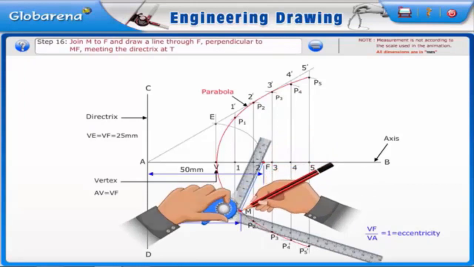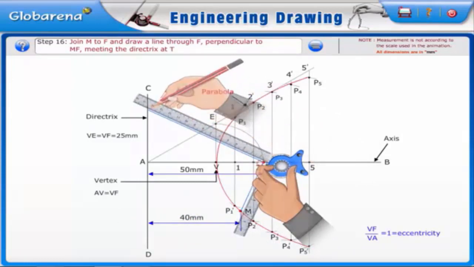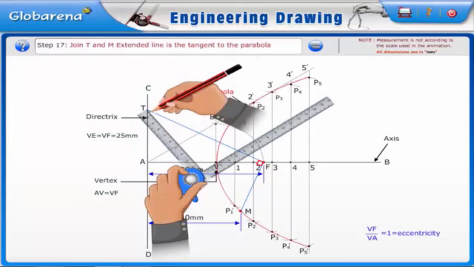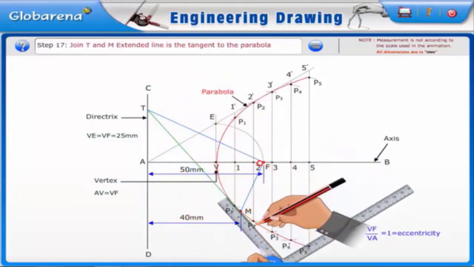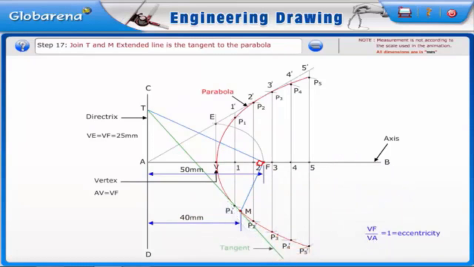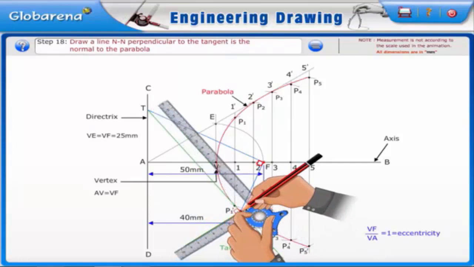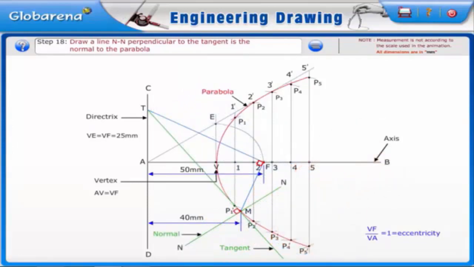Join M to F and draw a line through F perpendicular to MF, meeting the directrix at T. The line joining T and M and extended is the tangent to the parabola. Draw a line NN perpendicular to the tangent; it is the normal NN to the parabola.